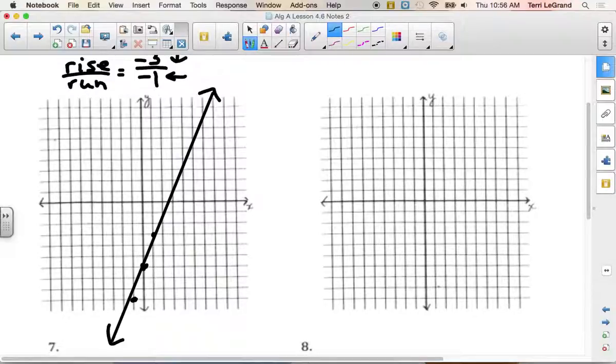Once you have your line, I want you to go back to this other notes page, and I want you to see what was the point that they gave us that's supposed to be on this line also? What's the ordered pair?